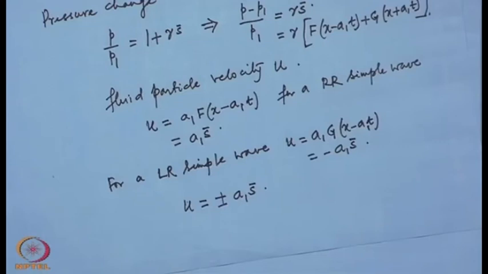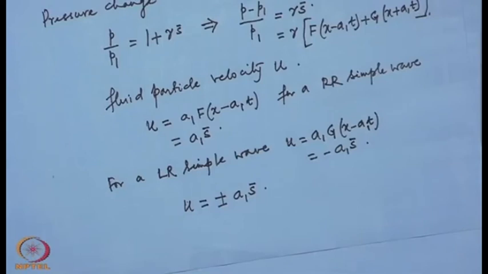So, the corresponding disturbances of particle velocity are given by u equal to plus minus a1 s for left and right propagating waves respectively. It may be seen that a compression accelerates the fluid in the direction of wave motion, whereas an expansion decelerates it.